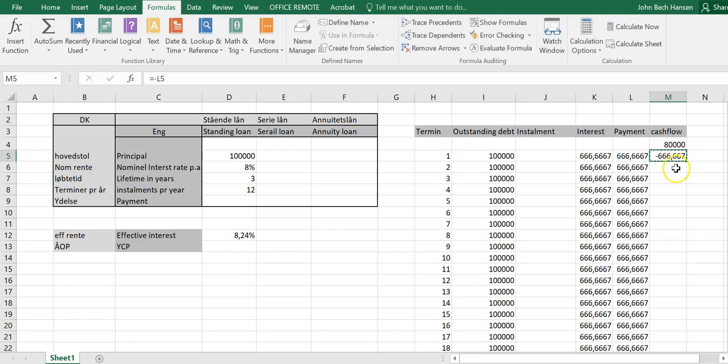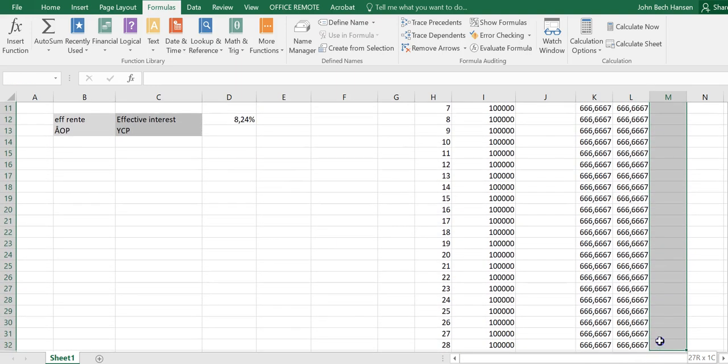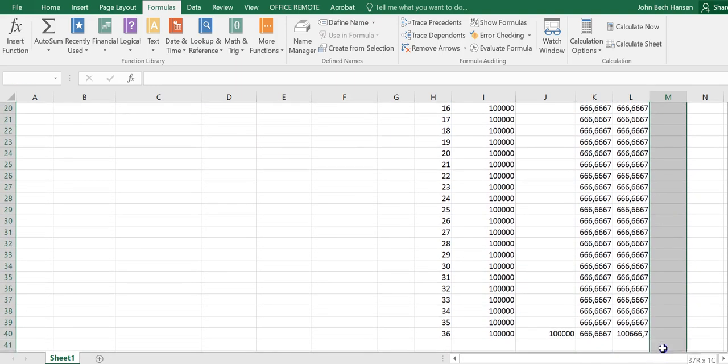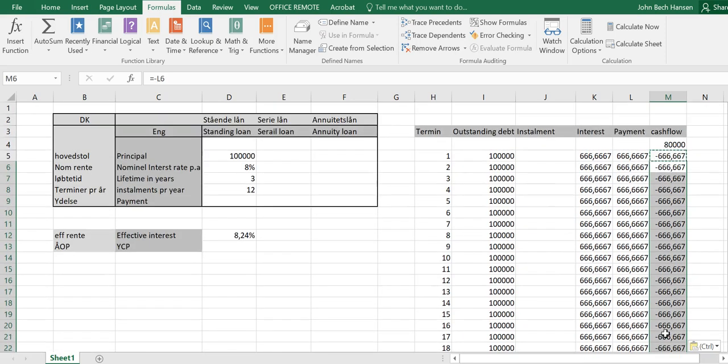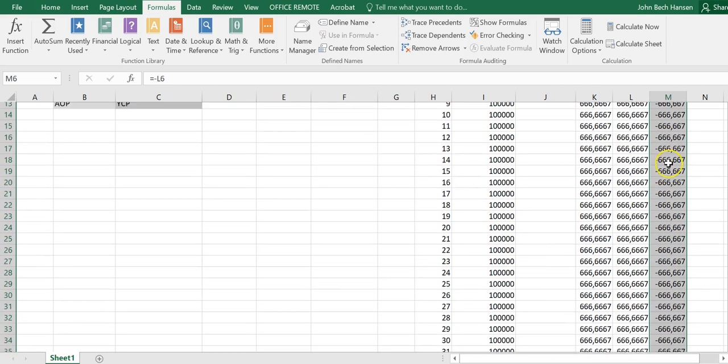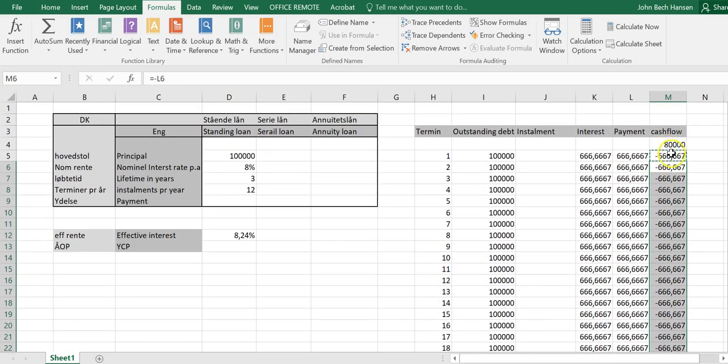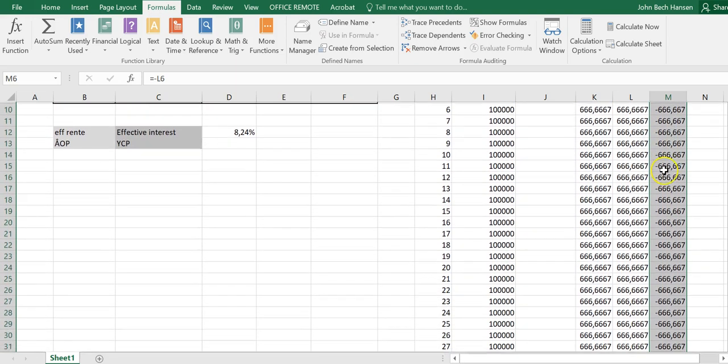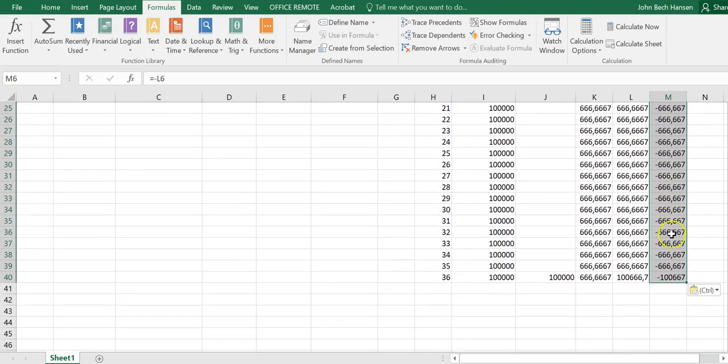an amount. The first 35 months it's only interest, but then at the end I also pay the loan back. So this is the actual cash flow, starting up with receiving 80,000 and all the payments, and the last payment here of 100,000 plus the interest.